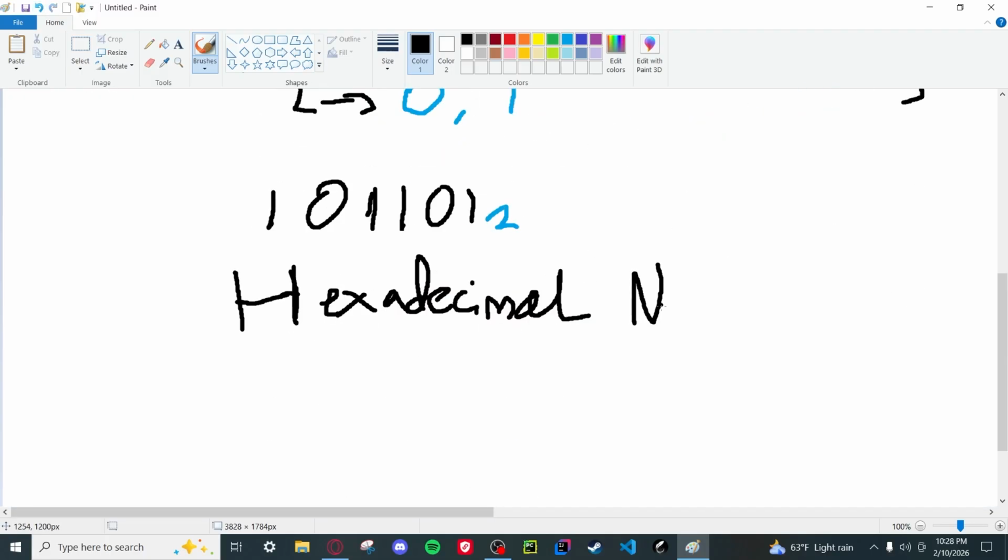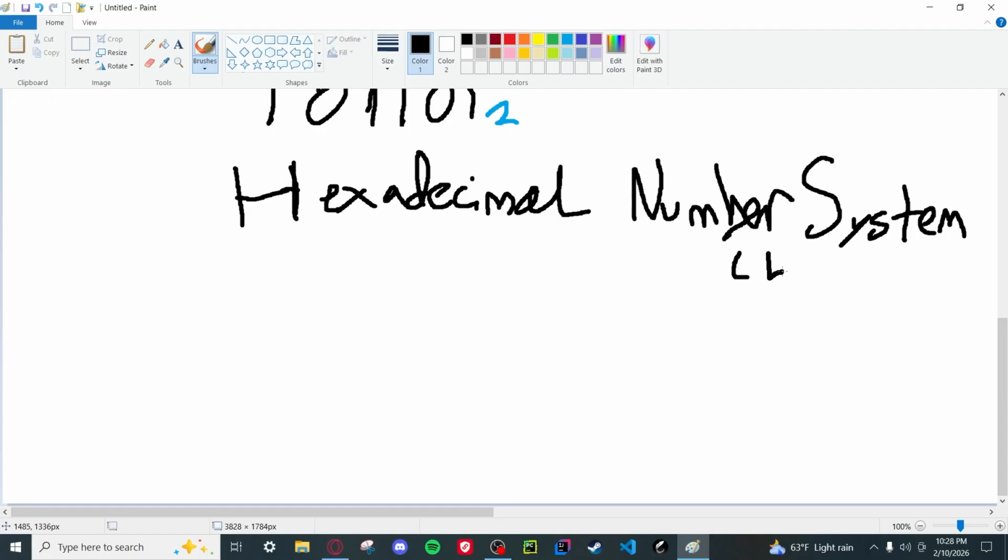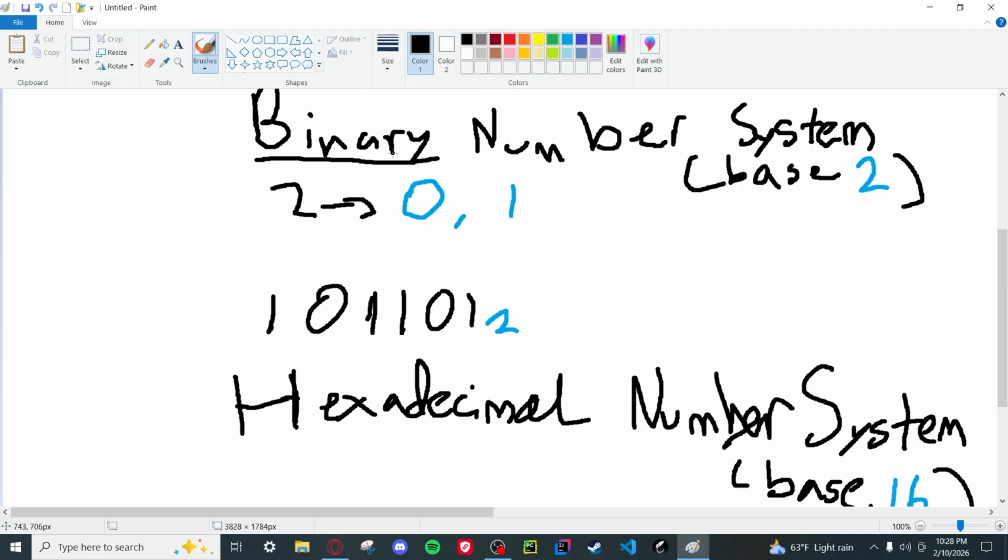So hexadecimal number system. Let's write it as base 16. That's how you're gonna see it. The subscript is gonna be 16.